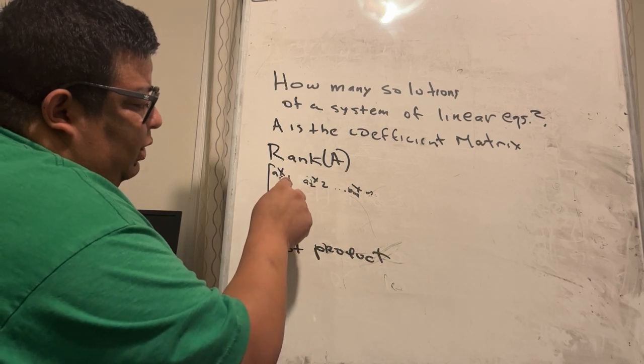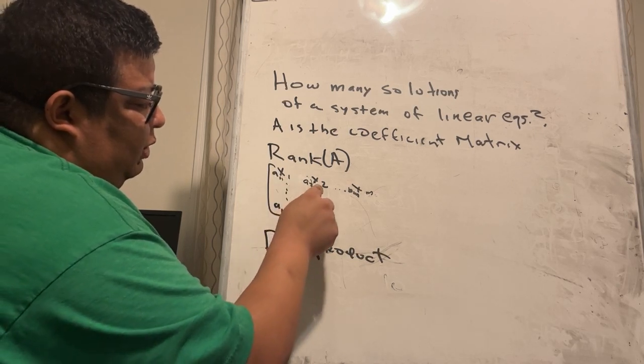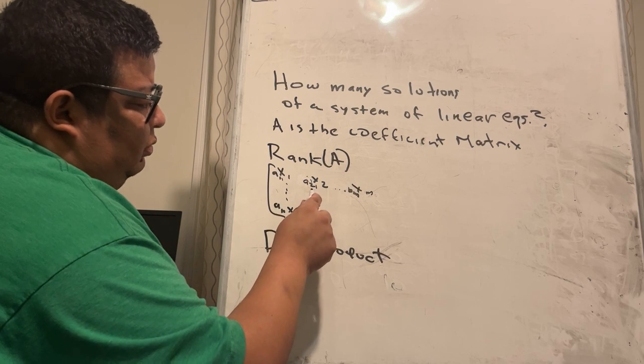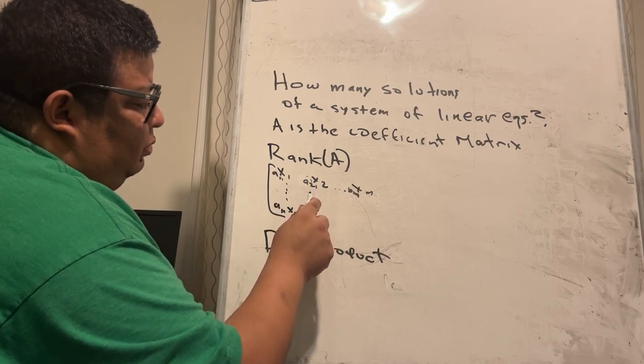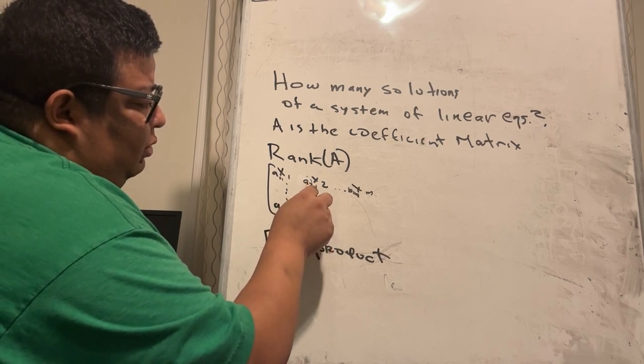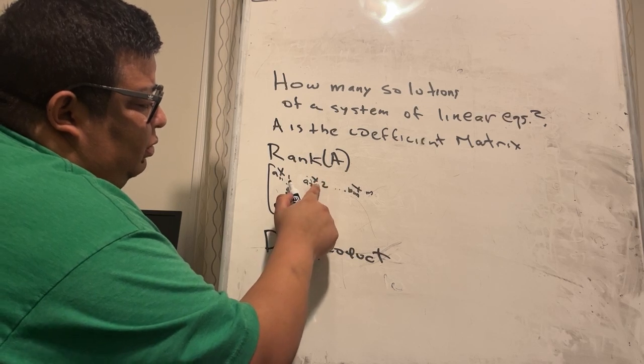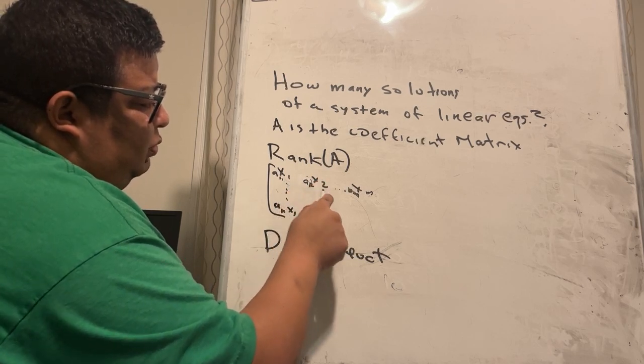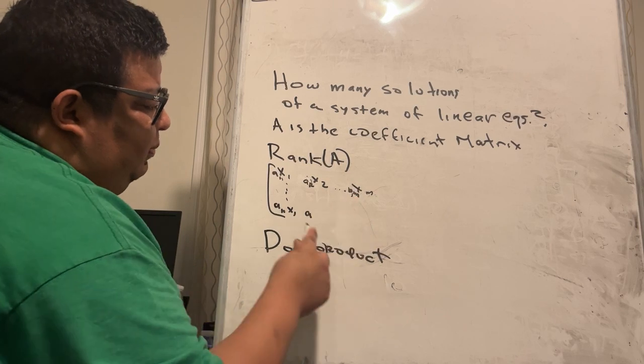So this one will be A11, A21, this will be A12, and this will be A1m.